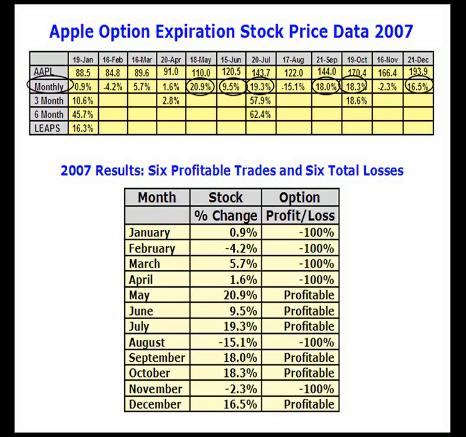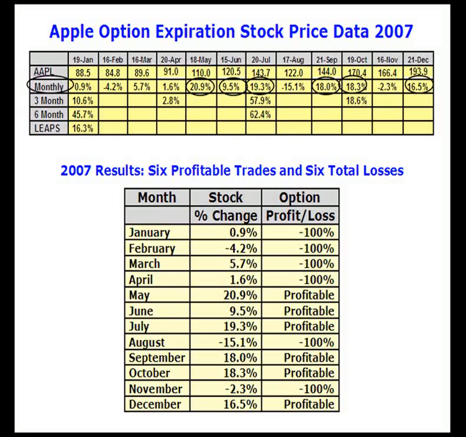Let's assume we purchase a 1-month out-of-the-money call option each month on option expiration day, similar to the Apple 185 strike call option just presented. This 1-month call option would be purchased on option expiration day each month, held for 1 month, and then sold on option expiration day the following month.